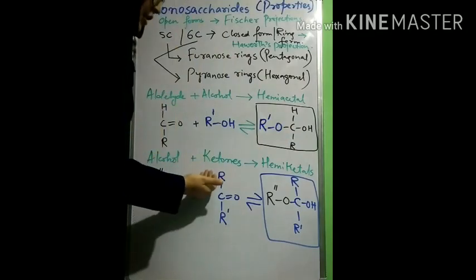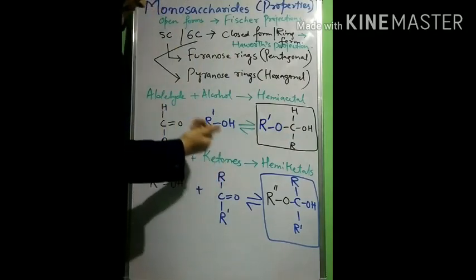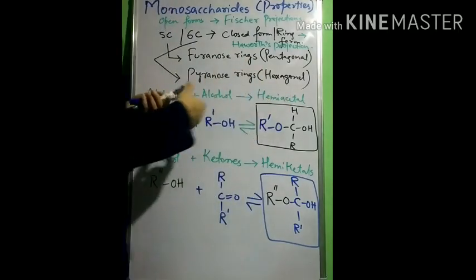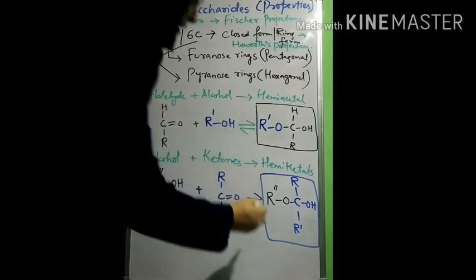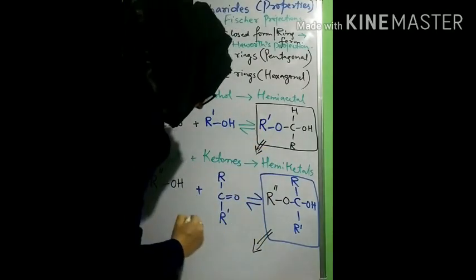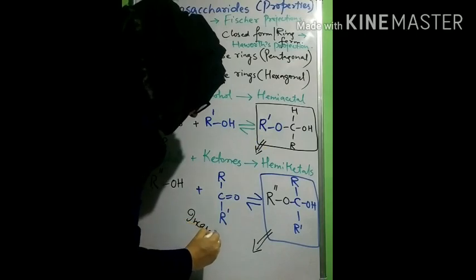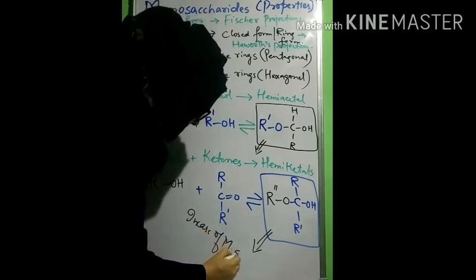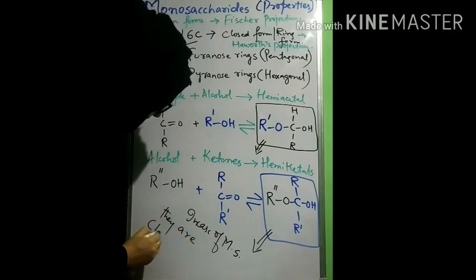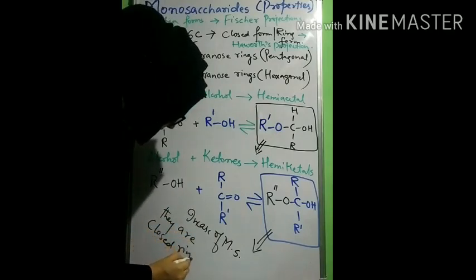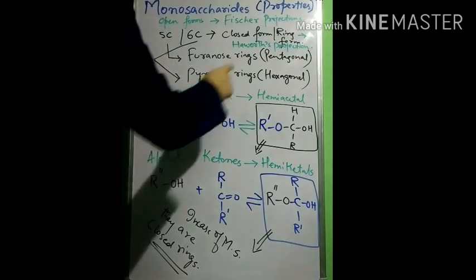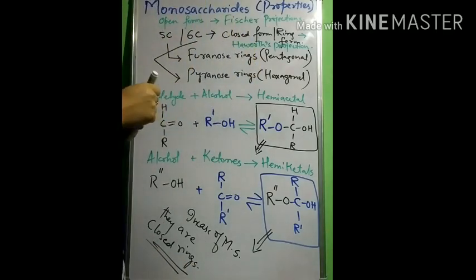When the ketonic group of a monosaccharide reacts with its alcoholic group, it results in the formation of hemiketals. And these hemiacetals and hemiketals, in case of monosaccharides, are closed rings. Okay, those rings are then represented by Haworth projections.